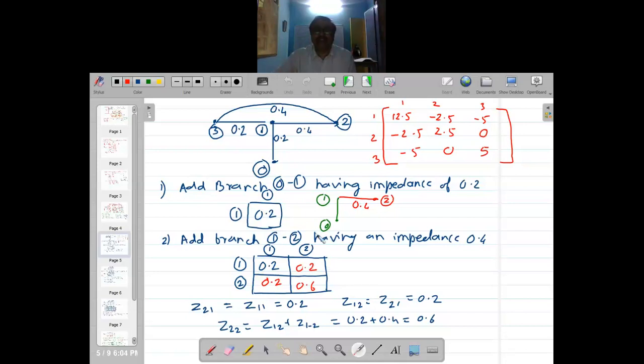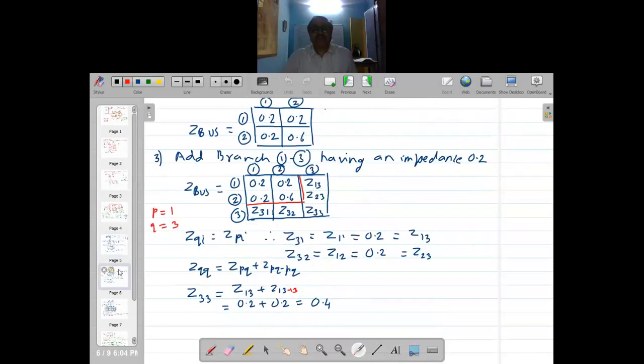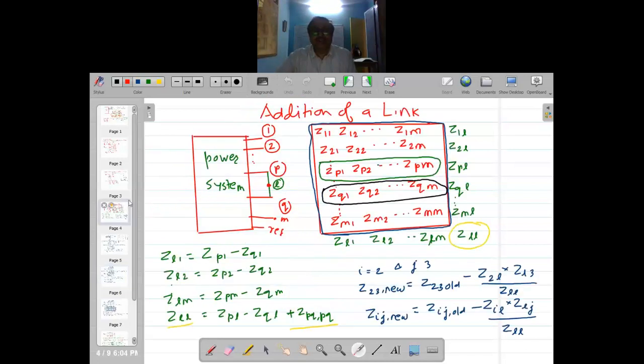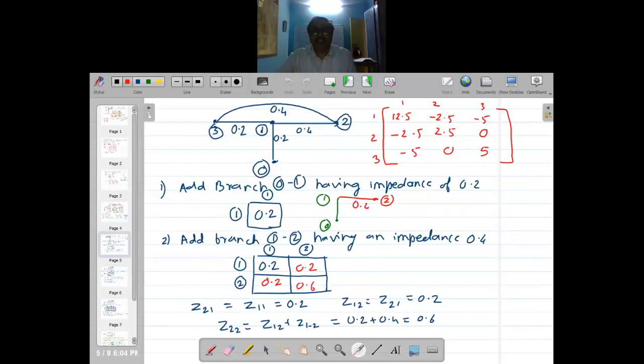Self impedance of the branch is 0.2. So ZPQ is 0.2, 0.2 plus 0.4 is 0.6, and that is why we have arrived at 0.6. So this is our Z bus after we have added two branches. One is this, one is this.